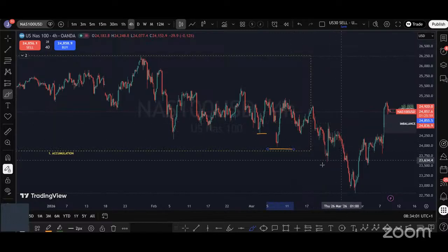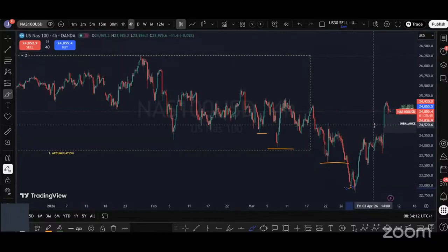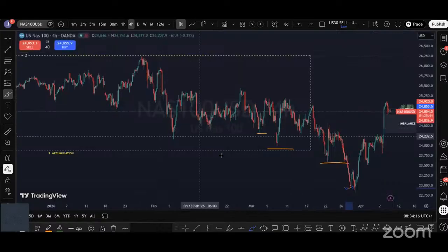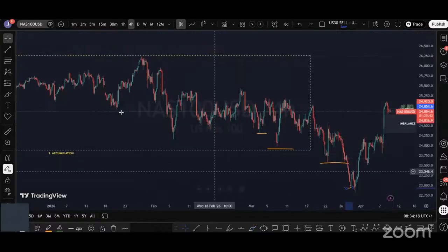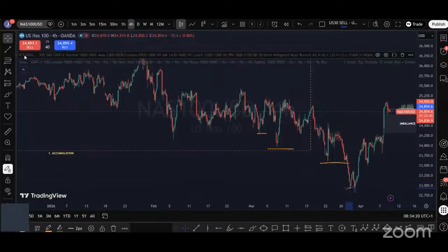When we see those lows are taken, we see a reaction. Now, that's just liquidity, and that's just the market moving in waves. Does that help us immediately in how we're able to just trade these markets?